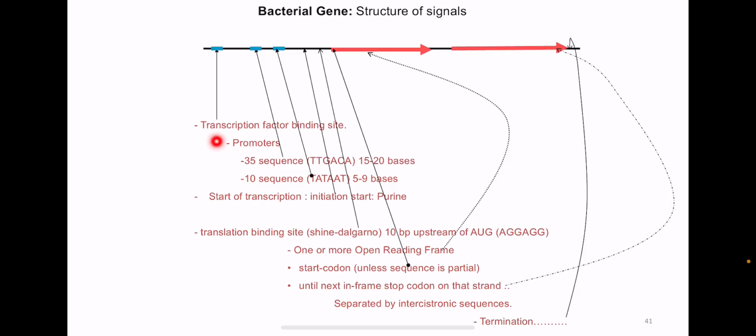So let's look at some characteristics of the bacterial gene. I've already mentioned the UTRs and the promoter regions, but besides them, we have other parts of the gene as well. We have a transcription factor binding site.